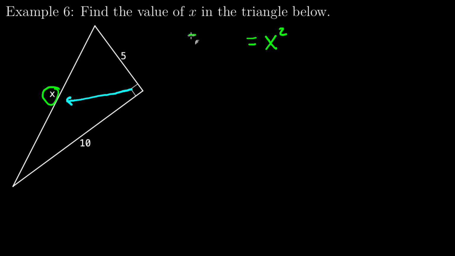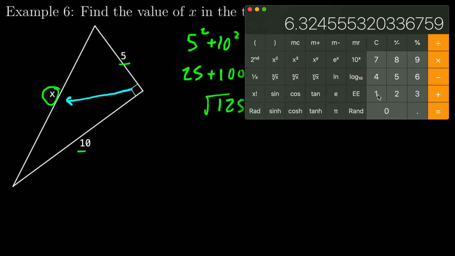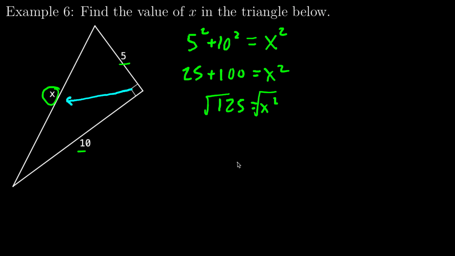On the left-hand side, I'll have 5 squared plus 10 squared, the a and the b, and then 5 squared is 25, 10 squared is 100, 25 plus 100 is 125. I'll take the square root of both sides, and as always, go to the calculator, hope that 125 is a perfect square, and it's not, so I'll have 11.180 as my approximate answer.